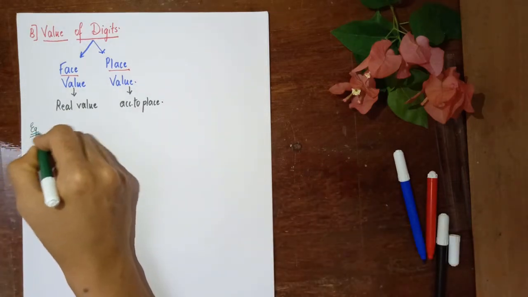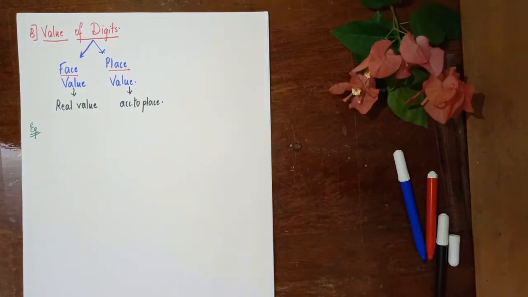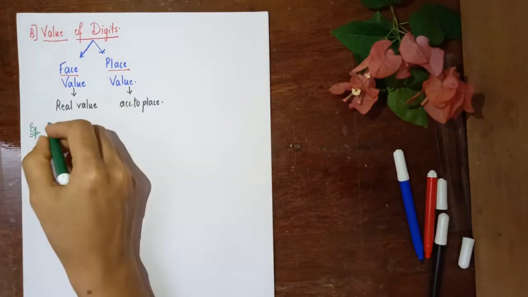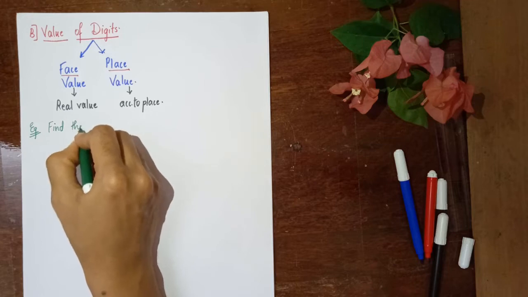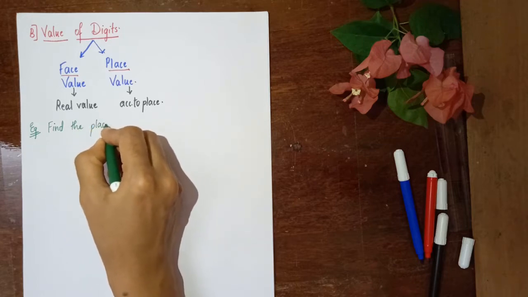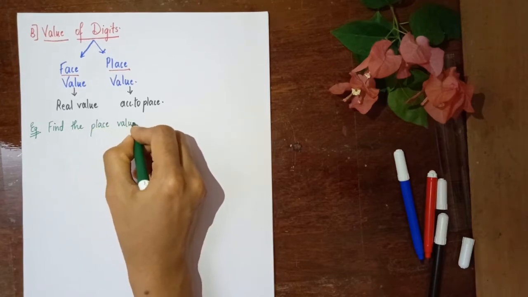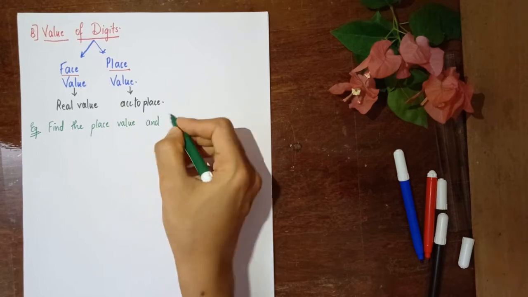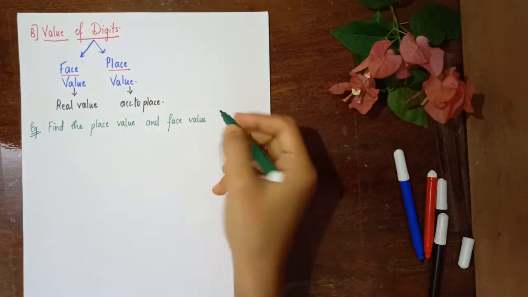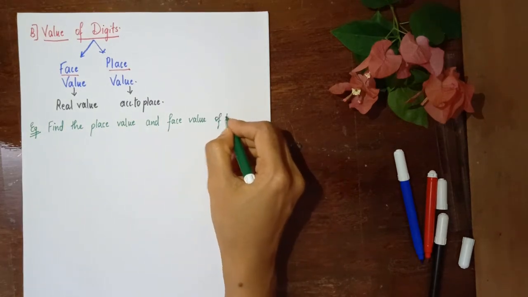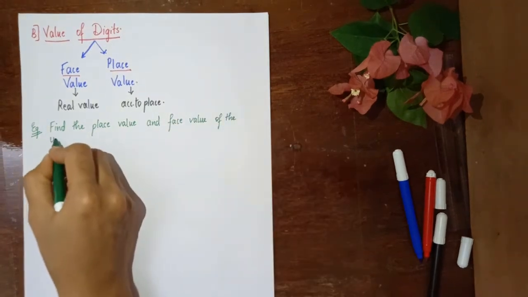Example, if I ask you to find out the place value and face value of the underlying digits.